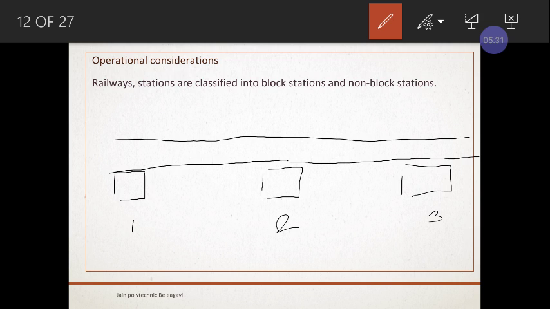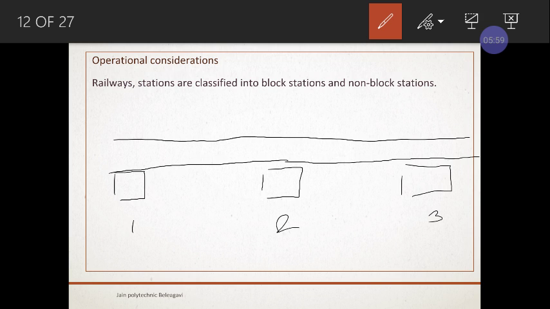That portion which is under his control, where he is going to change the directions using the points and crossing arrangements, change the tracks, and give the signals for the various trains to get into the stations, right? That region or area which is under the control of one station master of a station is called a block.